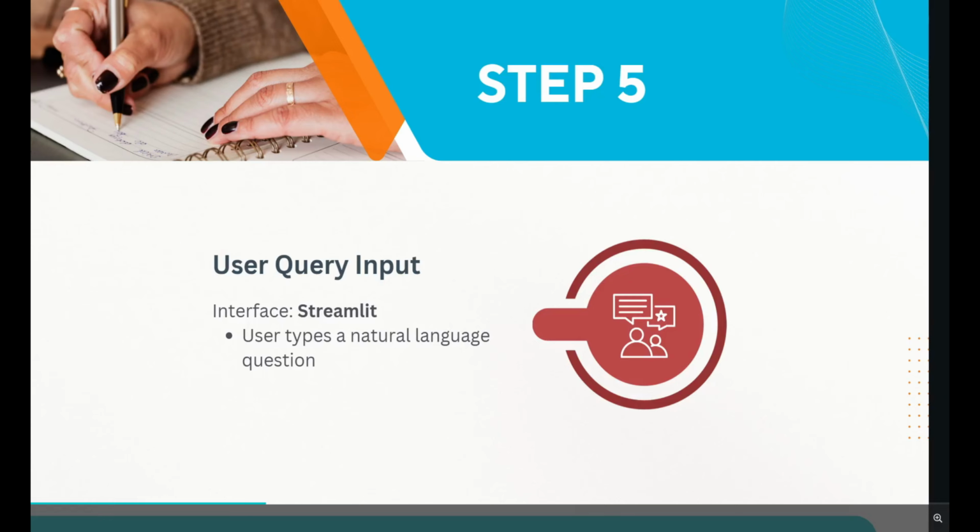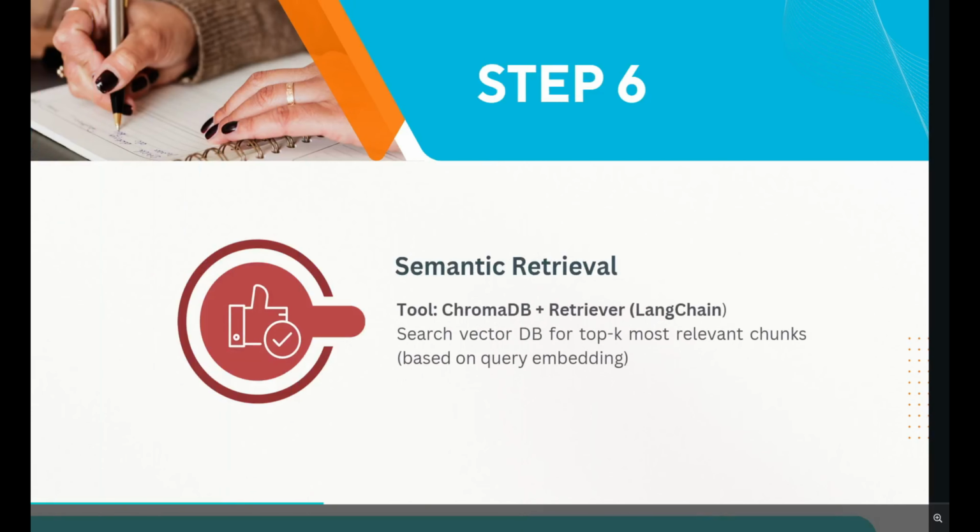Now let's continue to step 6. So step 6 is the semantic retrieval. Till step 5, what we were doing is setting up the ingestion of the PDF, chunking the document, embedding the document and storing it into the vector database.